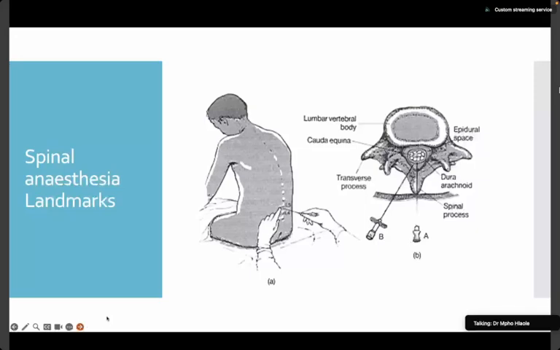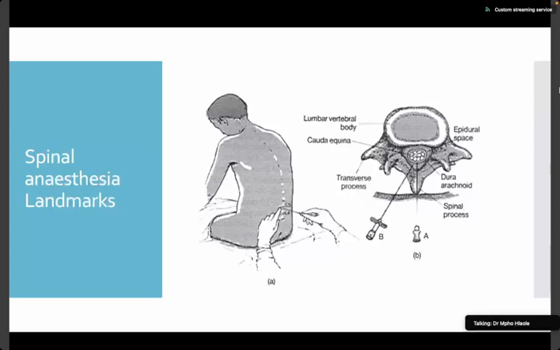We look for the anterior superior iliac spine, and that's our landmark, and that usually gets us around L4, L5, and that's where we can actually go into L3, L4 as well, and that's where we want to go, because we know that our spinal cord ends at L2 or L1, and that is where your cauda equina is, where all the cauda equina nerves are coming from.